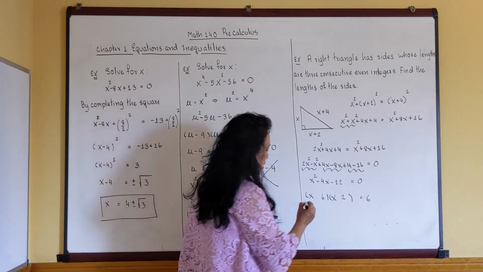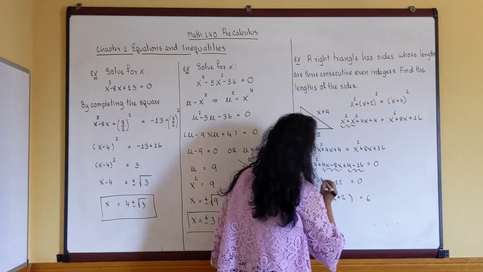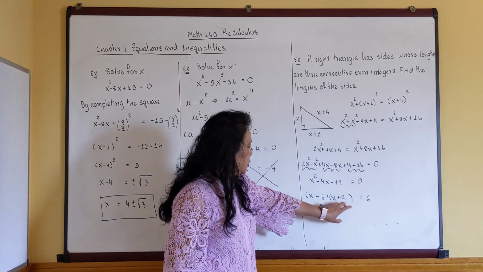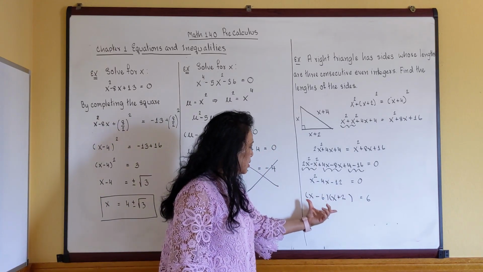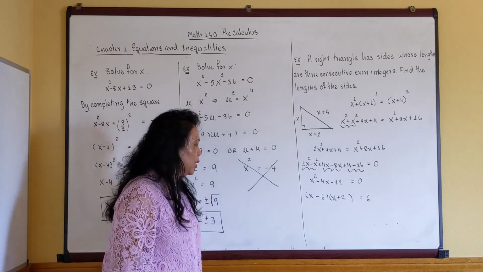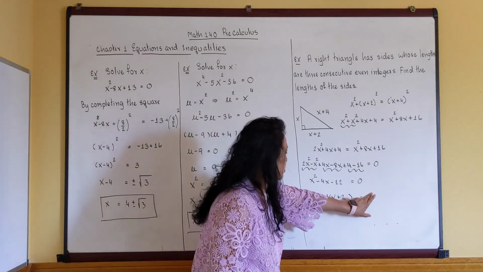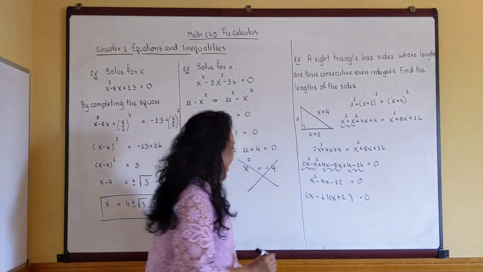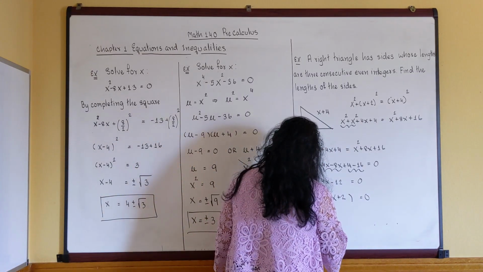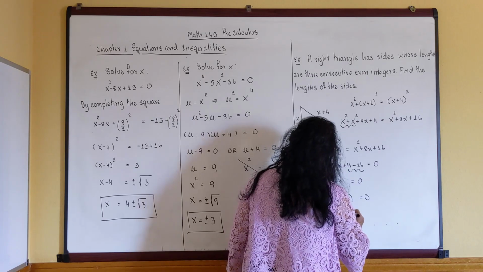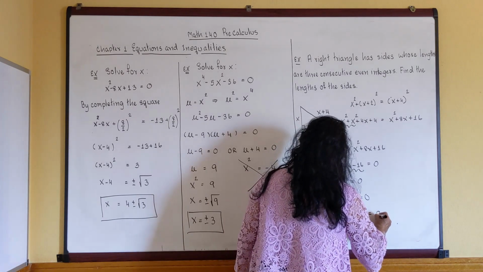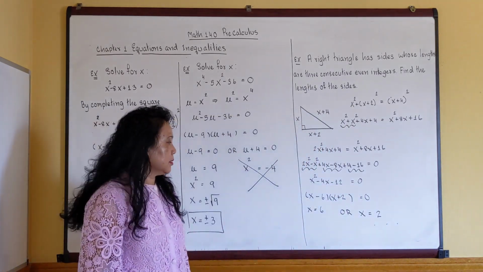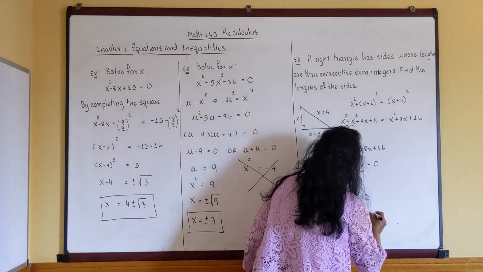Minus 4 means the big one will be minus, the small one will be plus. 6 times 2 is 12, minus 6 plus 2 is minus 4. That works. Oh, wait a second, not equal to 6, equal to 0. So I have x equal to 6 or x equal to negative 2.